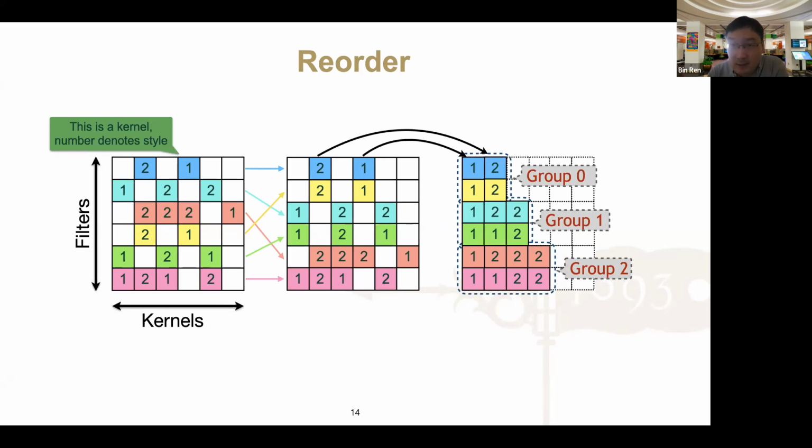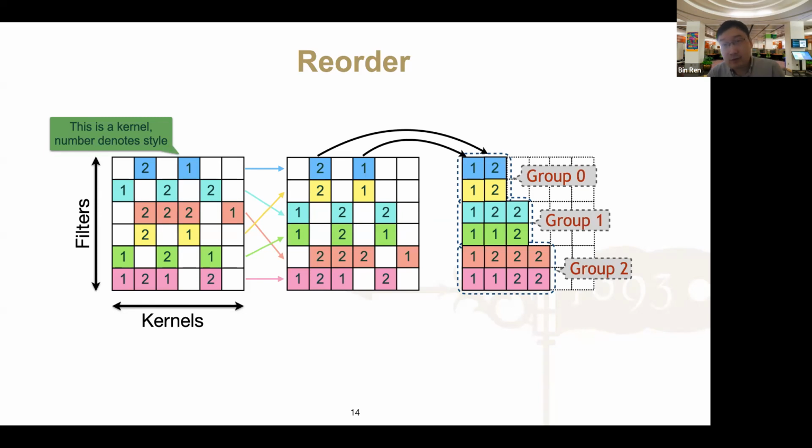In this example, we have a limited number of filters in each group. However, in real deep neural networks, we have many more filters in each group. Then we can assign each group to multiple threads and execute these filters concurrently. So this is the basic idea.